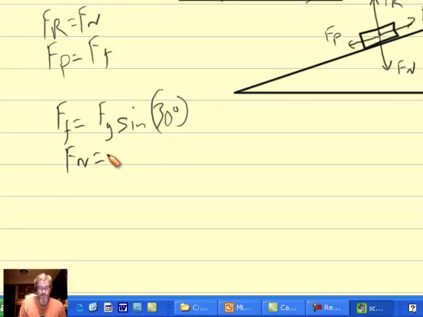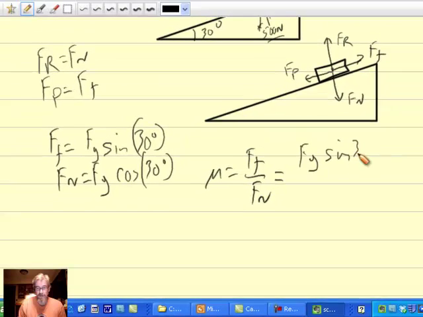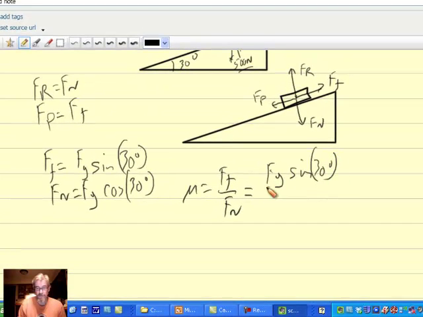And the normal force, well, that's equal to the weight times the cosine of 30 degrees. So mu, which is force of friction divided by normal force, is just the weight times the sine of 30 degrees over the weight times the cosine of 30 degrees.